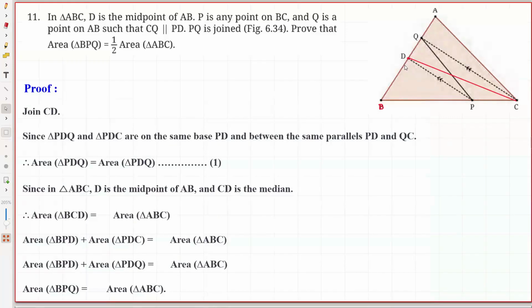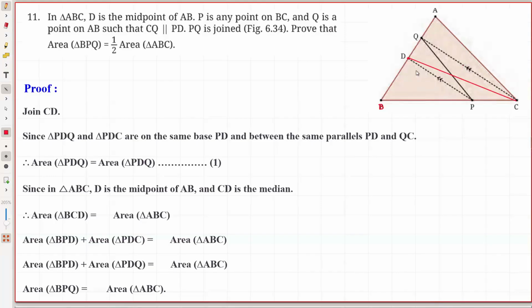Now just consider these two triangles, this triangle and this triangle. Which two triangles? Triangle BDQ and BDC.